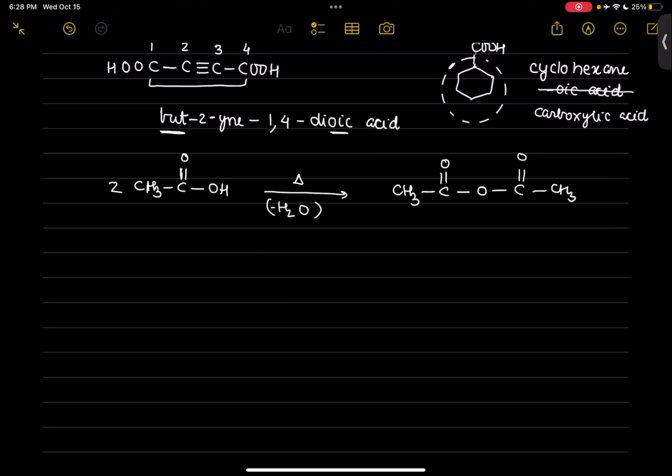If I try to figure out the IUPAC name, what is the IUPAC name? It's the parent carboxylic acid. Yeah, ethanoic acid, right?